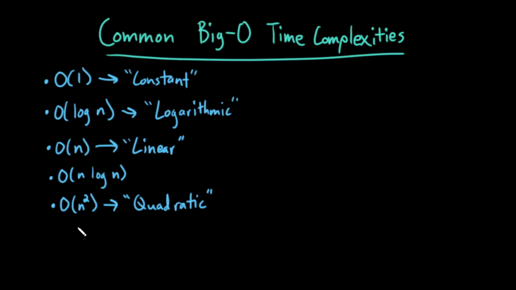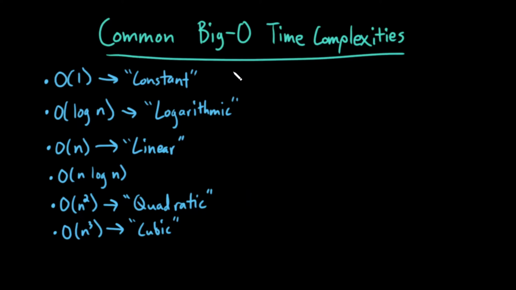So that would be quadratic. Big O of n cubed, we would call this cubic. So similar to big O of n squared, if I double my input size, I would multiply my number of operations by 8. It scales cubically.